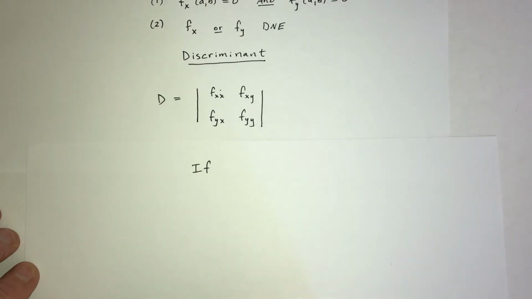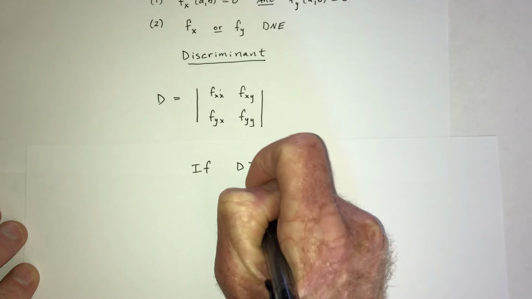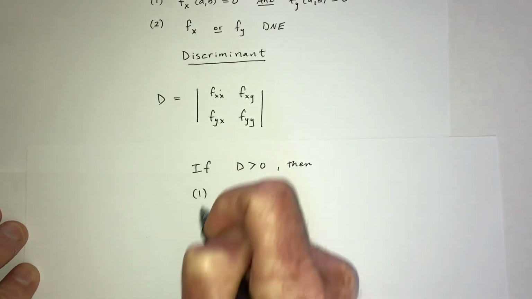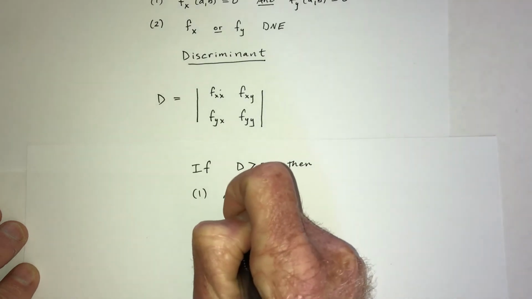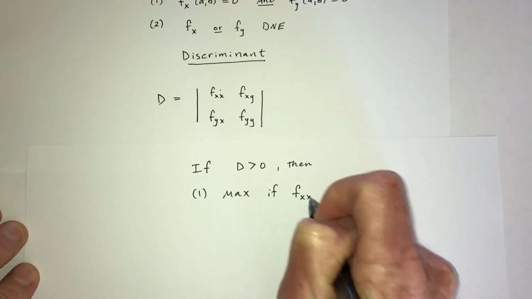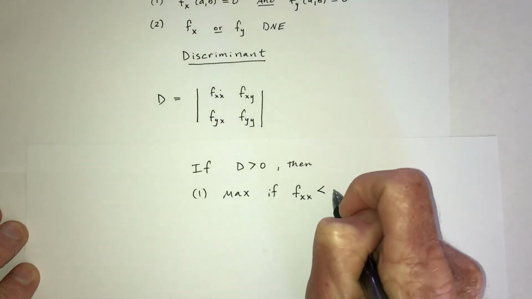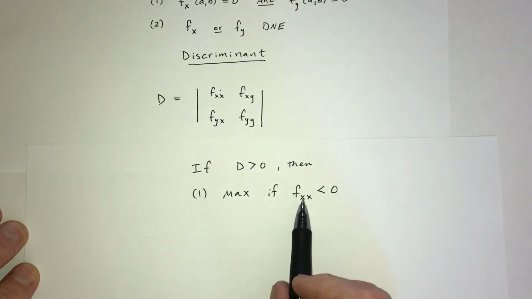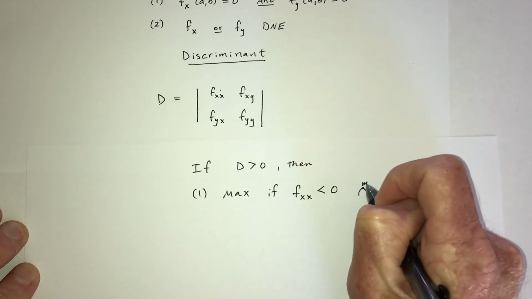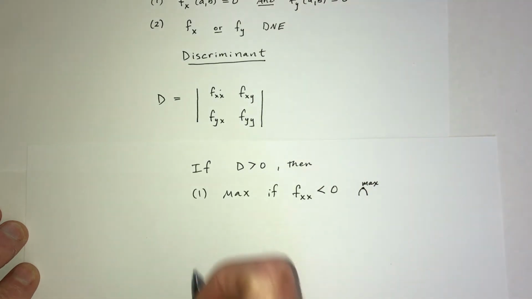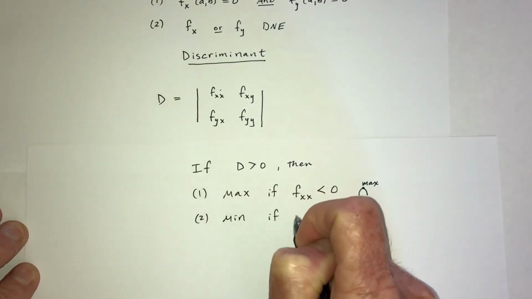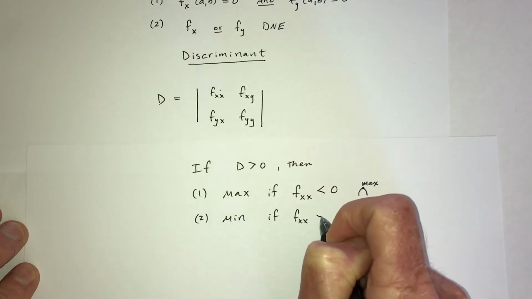Okay, so if the D is positive, then there's two possibilities. You've got a maximum if the second derivative with respect to x each time is negative. So second derivative negative, that's like concave down, and that means maximum. Then there's a minimum if the second derivative is positive.